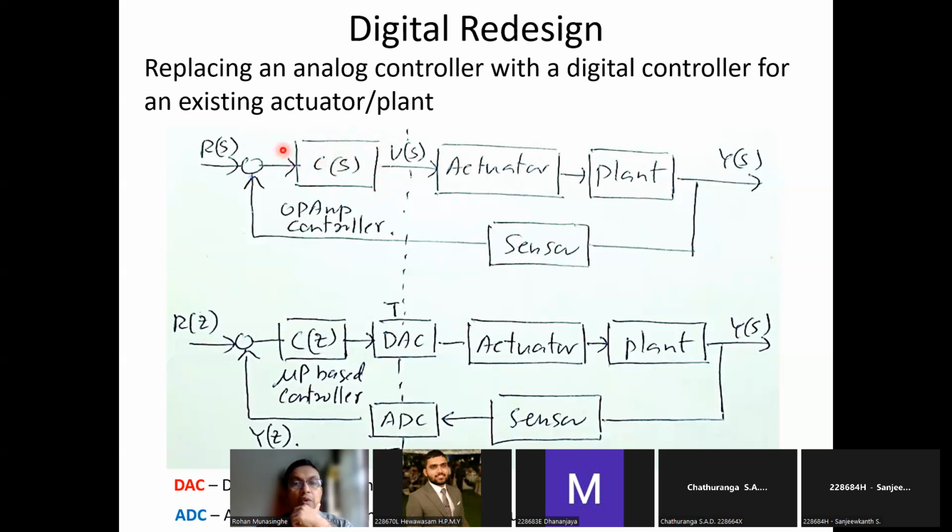So what you see here is pretty much the same thing we have been dealing with last semester, that is a continuous time control system.